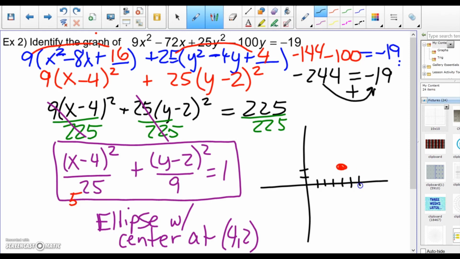So 1, 2, 3, 4, 5, and 1, 2, 3, 4, 5 this way. And then in the y direction, you're going to go 3. So 1, 2, 3 up, and 1, 2, 3 down. And so there you have it. There's your ellipse with center at 4, 2.